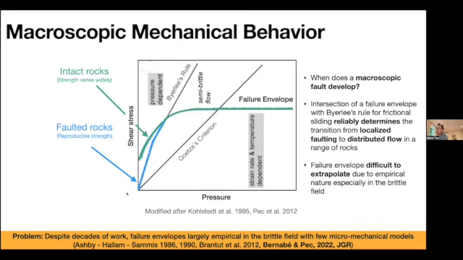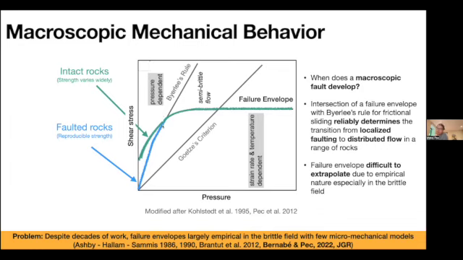And here what you can see is that we have essentially three different failure envelopes that are plotted. The first one is the Byerlee's rule for frictional sliding. So that just quantifies how much shear stress is needed to slide a pre-existing fracture. And that will become harder and harder the higher the pressure is, because we're pressing with more and more normal stress on that fracture. And so it needs more and more stress to slide a pre-existing fracture.